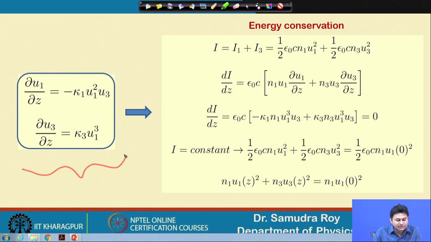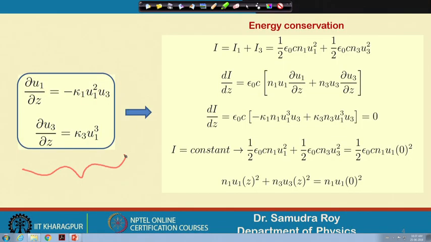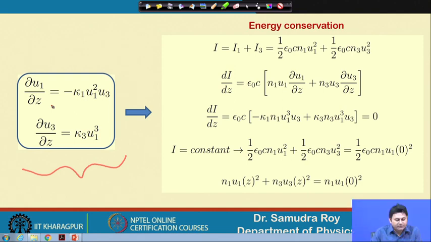The only thing these two equations suggest is that some of the energy can come from u1 to u3. That means the third harmonic will be generated, at the cost of a decrement of the fundamental wave. The fundamental wave gives some energy to the third harmonic wave so that it evolves. So there is some sort of energy exchange between u1 and u3. They are coupled with each other, that is why.